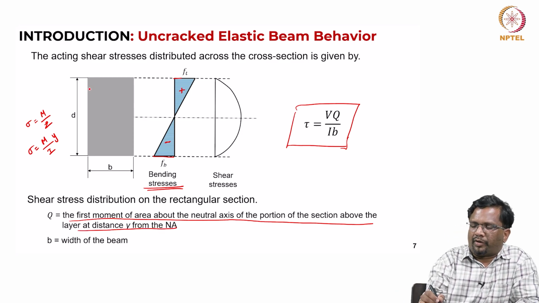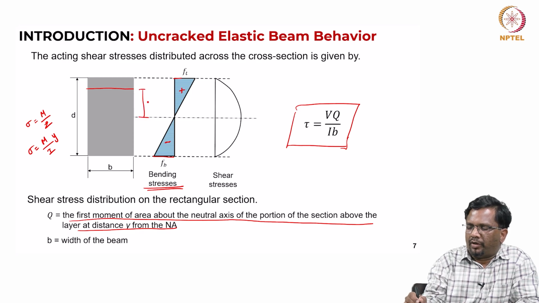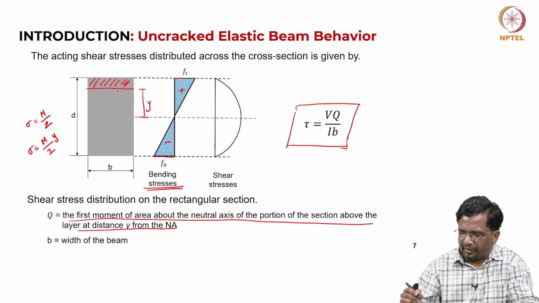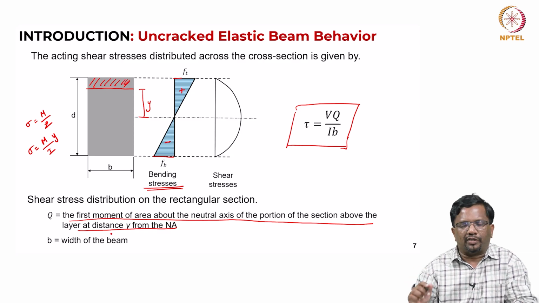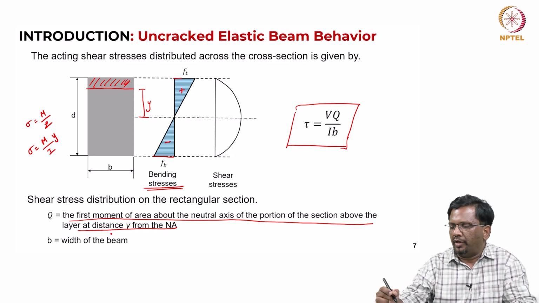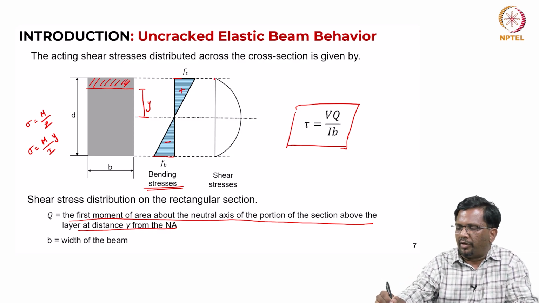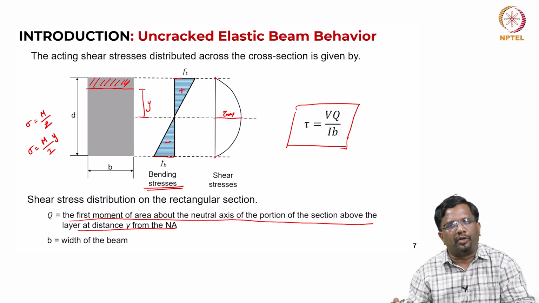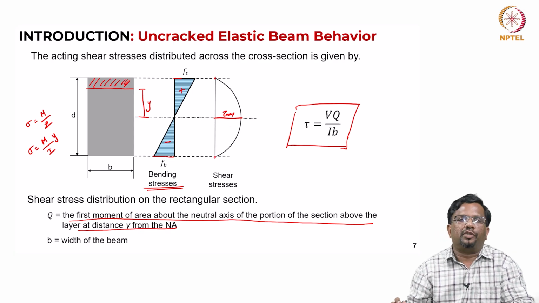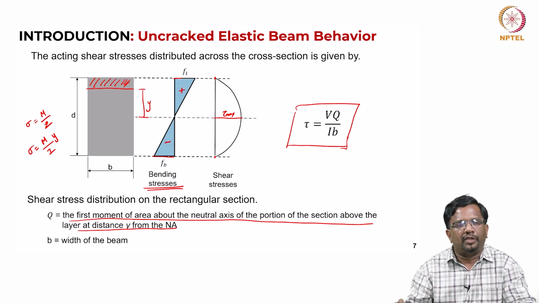If I am trying to calculate at this distance y from the neutral axis, I calculate this area and then I take the first moment of this area. So, that is what the Q is, and b is the width of the beam. Okay. So, if you do that, at this point you have 0 shear stress, here you will have maximum shear stress tau max, and here it is 0. It is a parabolic variation. We know this variation from the strength of materials course.